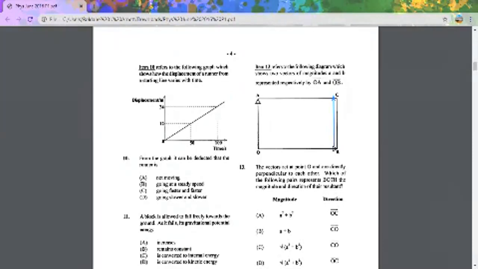So do you remember how to do this? You're going to connect the tail of OB to the head of OA. And you get a resultant vector in the direction OC.